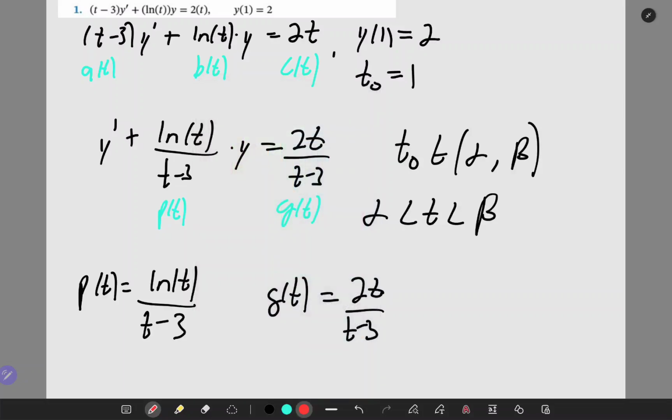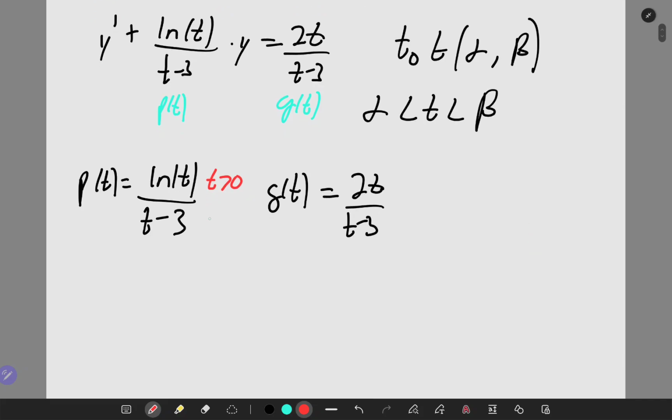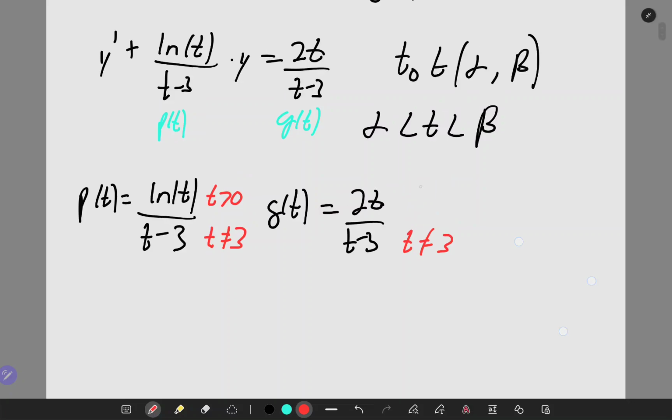So we know that t has to be greater than 0 for this point here, right? This tells us that t cannot be equal to 3. Now for g of t, t just can't be 0, and down here t cannot be equal to 3 again. Actually, t can be all real numbers up here. T can be all real numbers.